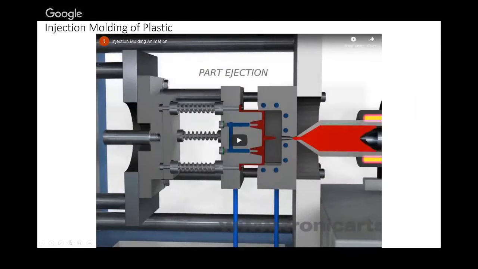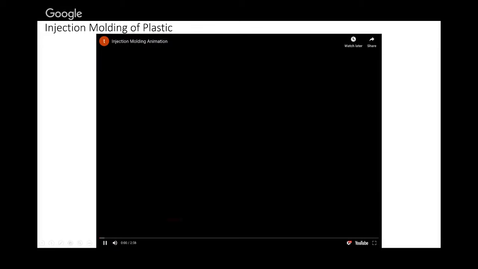Here is a quick video that shows injection molding. We've seen the injection molding or die casting of the metals. Now, injection molding of plastic is the equivalent of die casting for the metals.